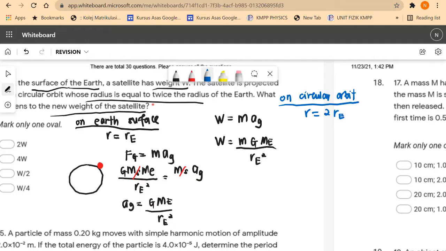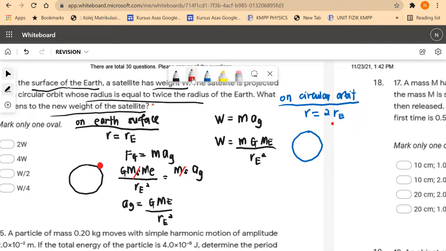This is the Earth, and this one is the satellite.